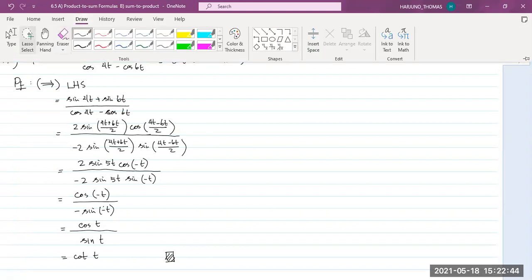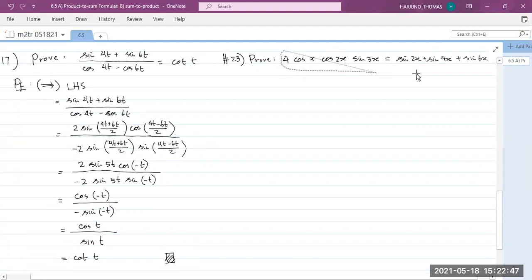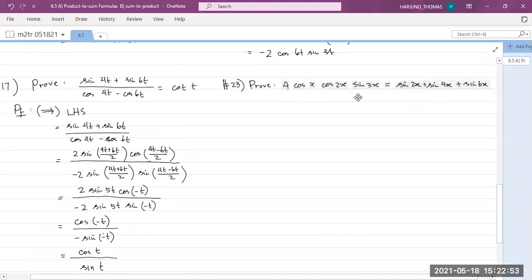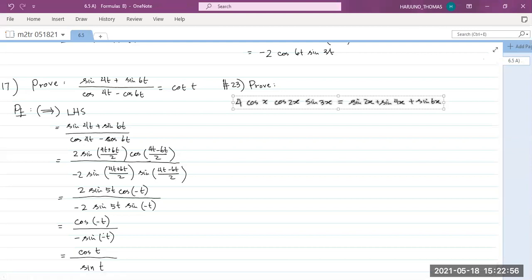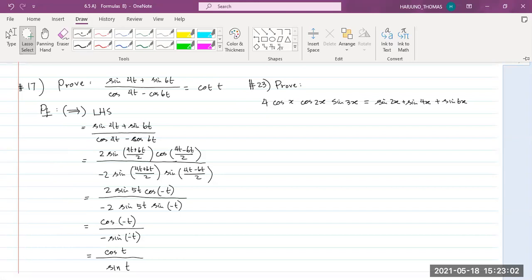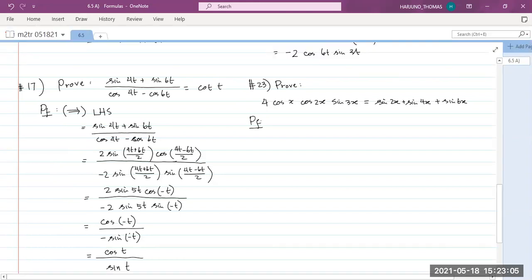Let me bring it down for better visibility. Okay, so the proof will be, I don't even know which one is more complicated, but let me just do it from left to right. Left-hand side equals 4 cosine x cosine 2x sine 3x.